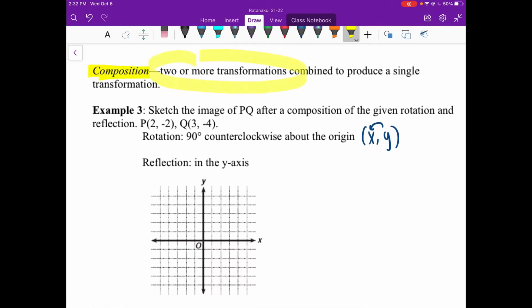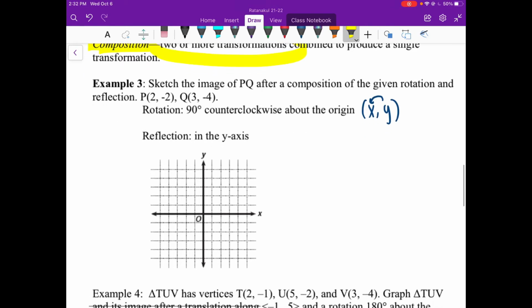Now we're going to look at what a composition is. A composition is 2 or more transformations that are combined to produce a single transformation. So now we could do rotations and reflections, or translations and reflections, or translations and rotations. It's any of the two that we have already learned. So let's look at example 3.